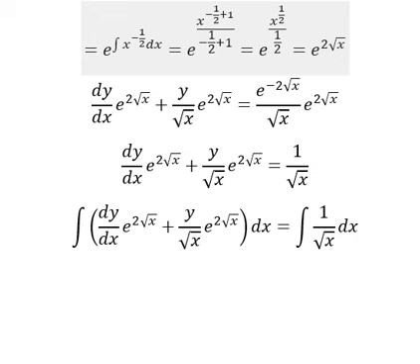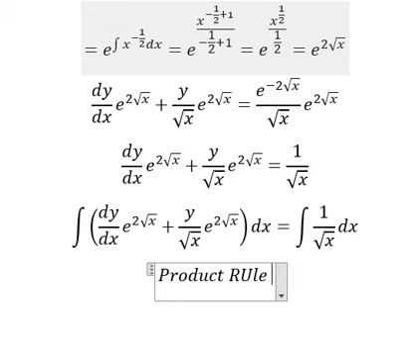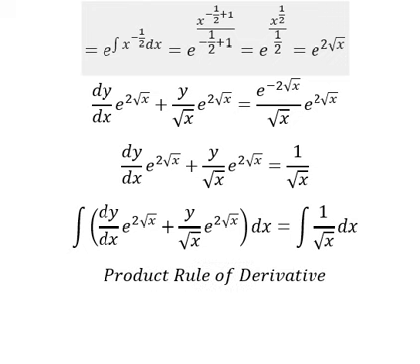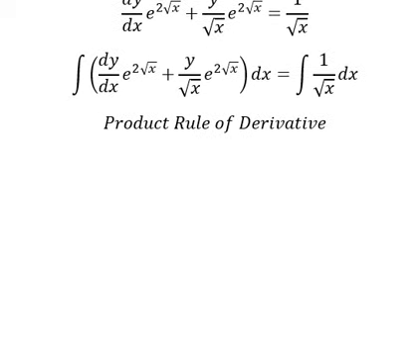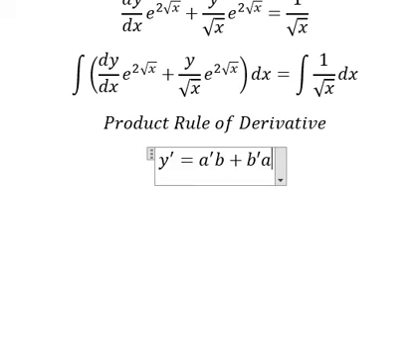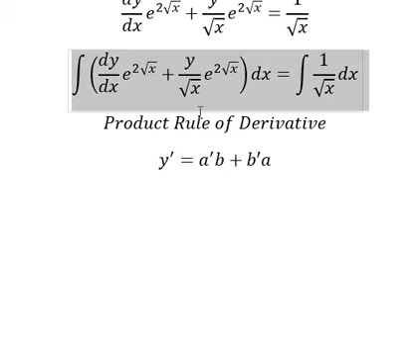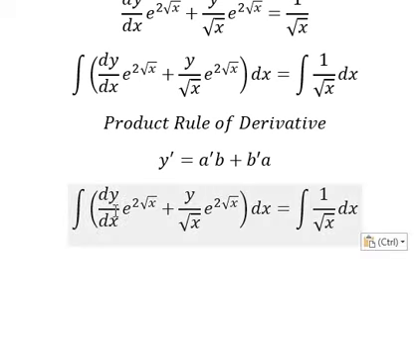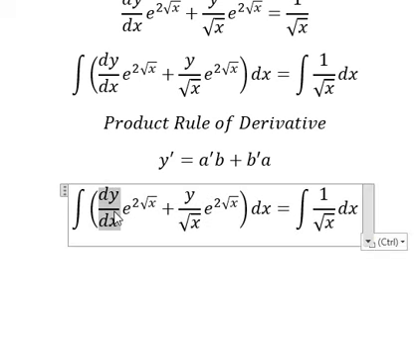So we can use about the product rule of the derivative. So we can use about like this. So in this one, we have first the derivative of a multiplied by b.